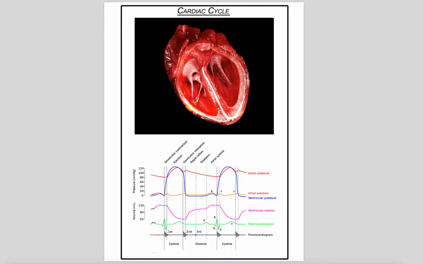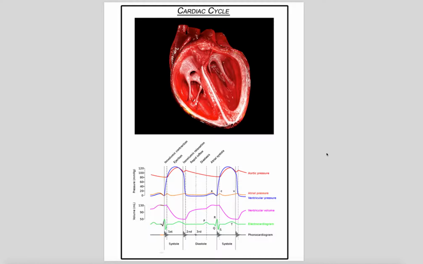So we've depolarized the atria, they have contracted, they've pushed the rest of this blood into the ventricles, and we can just follow it along down here. So this is, again, depolarization of the atria, the P wave, and as we move along, we can see that the ventricles are filling up, and at this point, the ventricles are starting to depolarize.